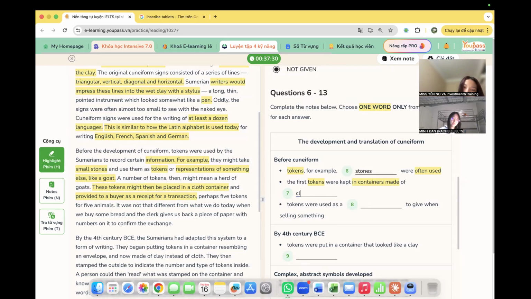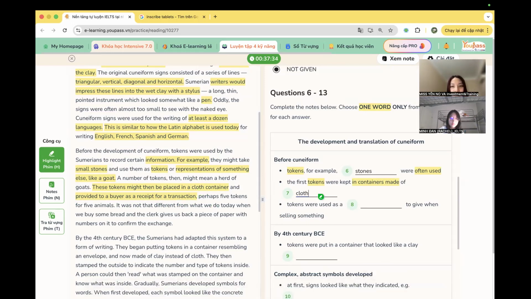The H is silent, so you can easily know it. Token was used as something to give when selling something. Just add that part.